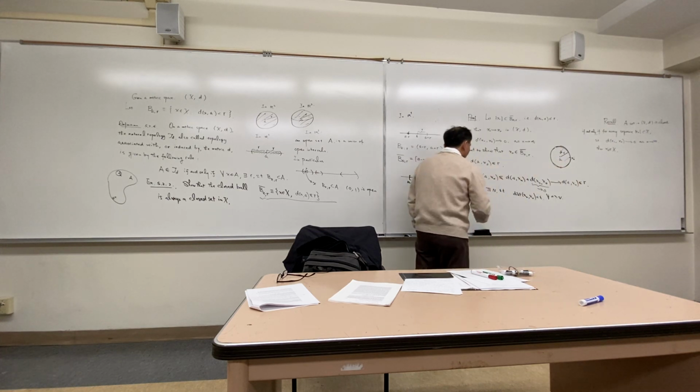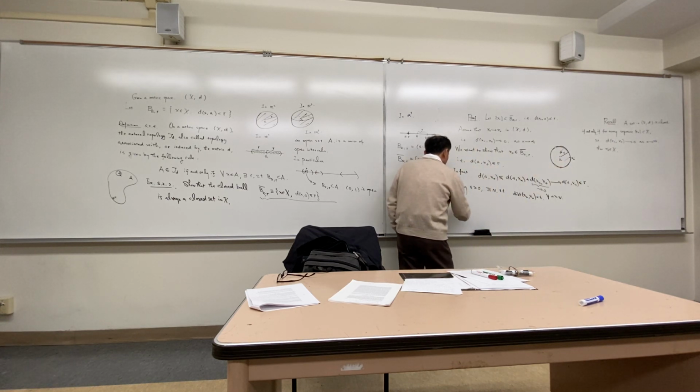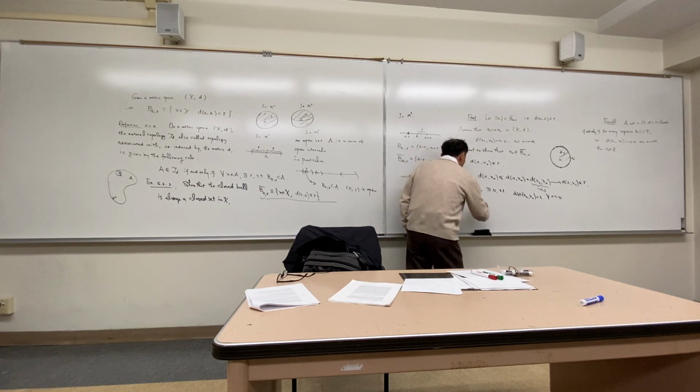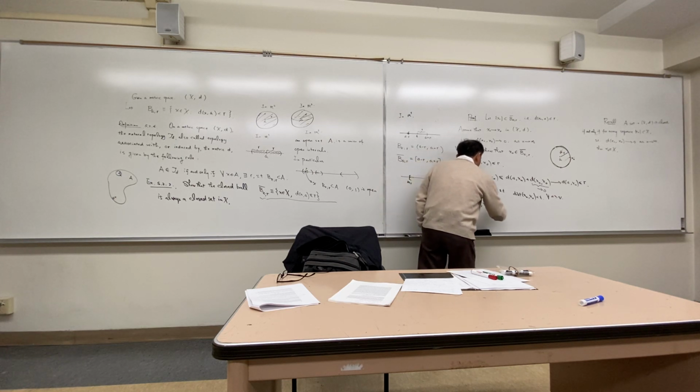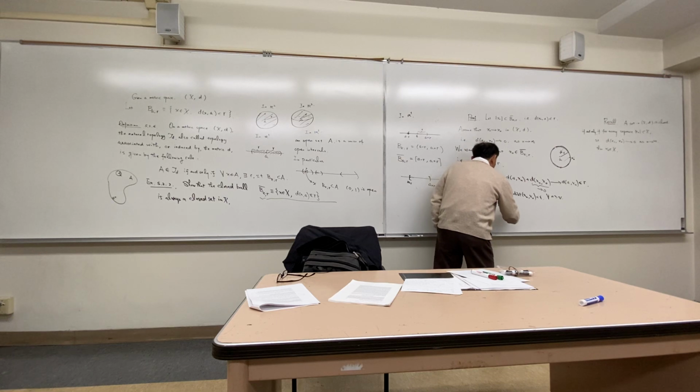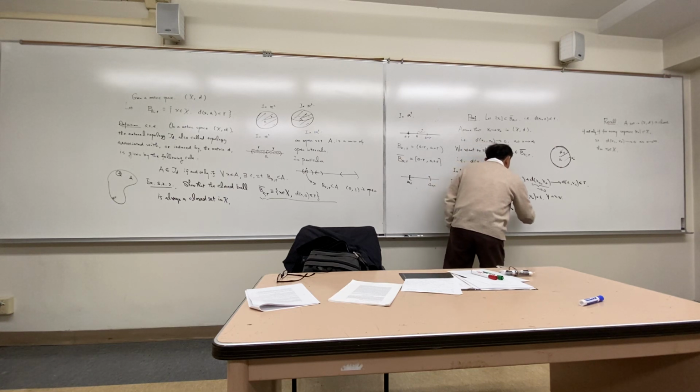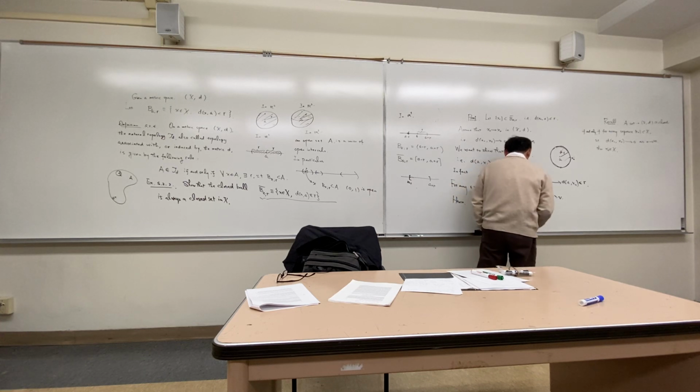Hence the distance between A and x naught is less than or equal to the distance between A and xn plus the distance between xn and x naught, by the triangle inequality.